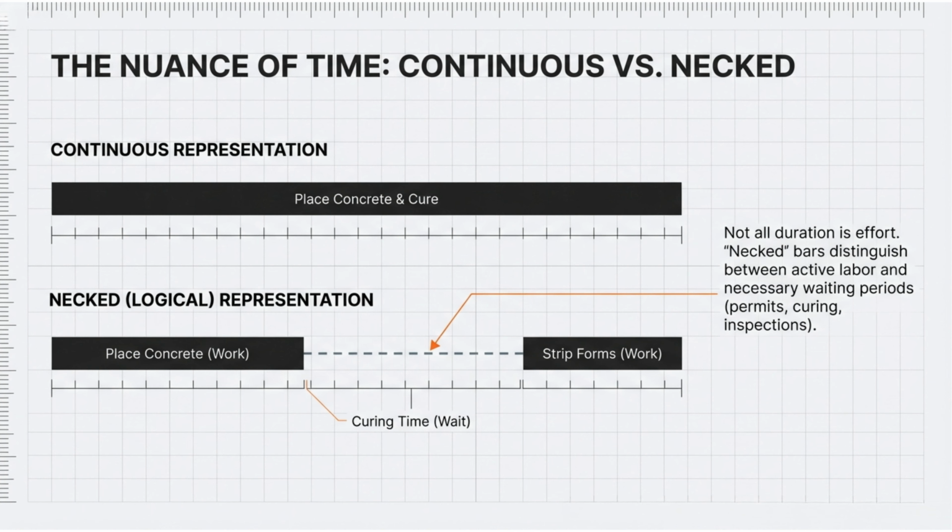It's a subtle graphic distinction, but it carries enormous practical information. Permits work the same way, inspections too. You submit, you wait, you're cleared, you continue. The waiting period is real calendar time that affects your schedule, but it doesn't consume your resources. Represent it honestly. Your budget will thank you.